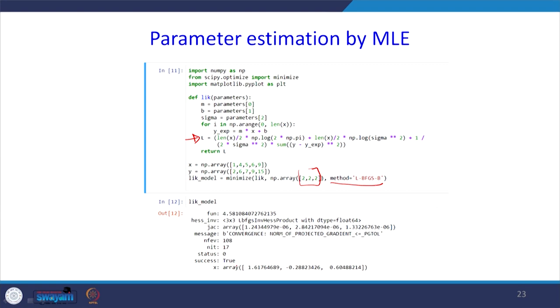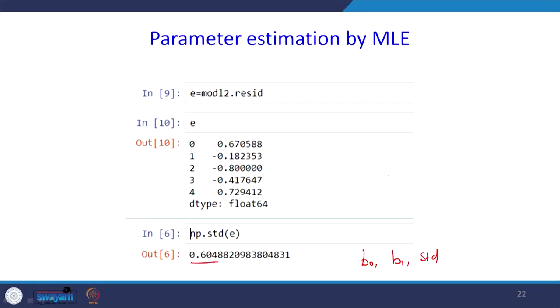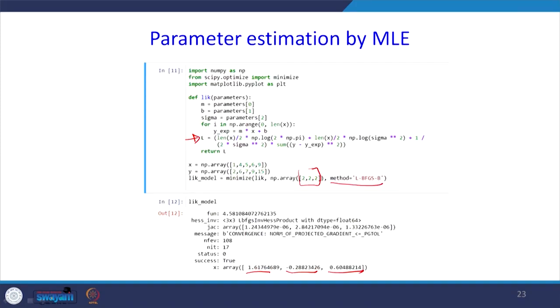When you run it, see this is the answer: 1.61, and this is your x coefficient, this is your y intercept, this is the standard deviation of your error term. When you go back, we will verify this. The coefficient of x is 1.6176, we are also getting 1.6176.